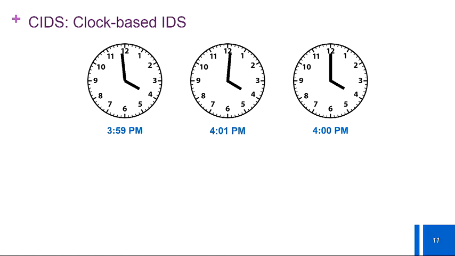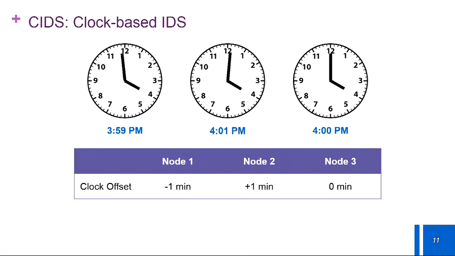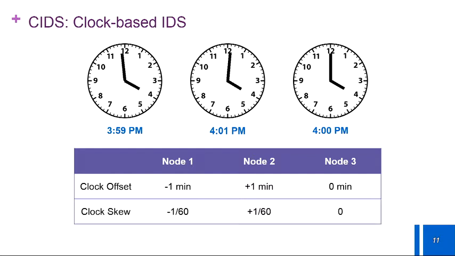In such a case, we define clock offset as the difference in the reported time of each clock compared to the true clock. And we define clock skew as the difference in the rates at which each clock progresses. So in this case, over an hour, there was an offset of -1 and +1. So we would have a clock skew of -1/60 and +1/60.